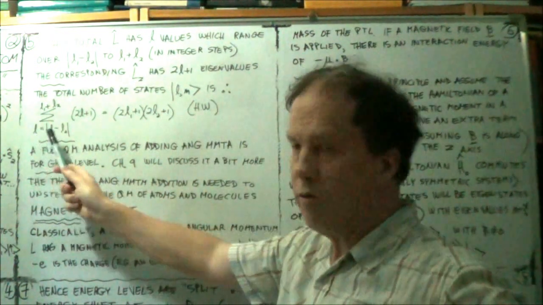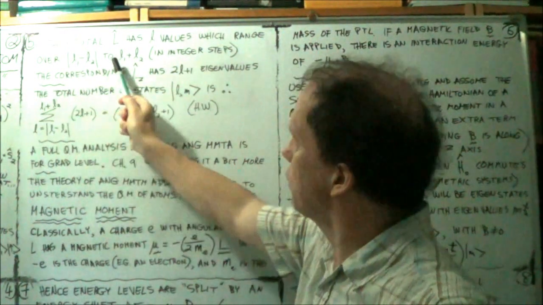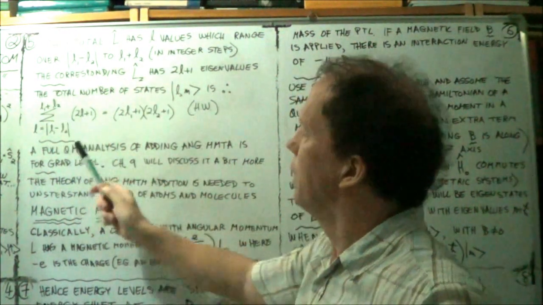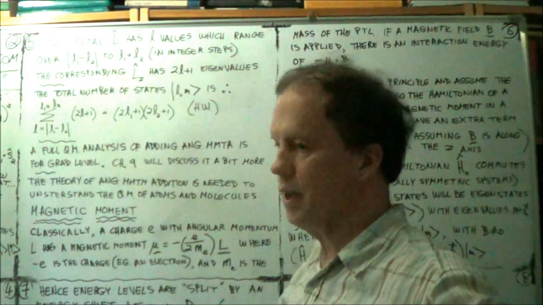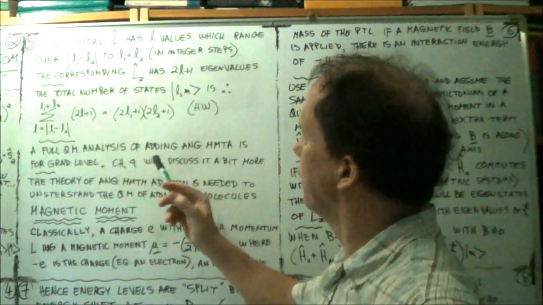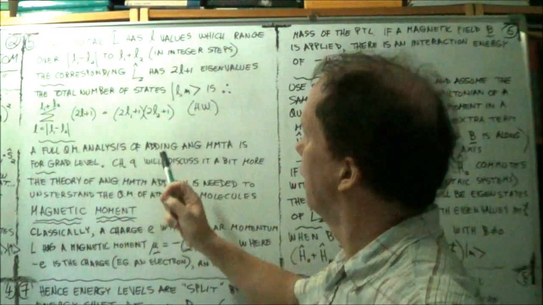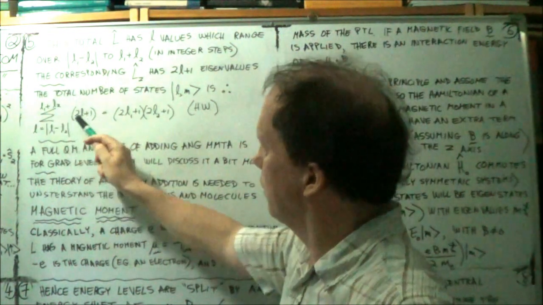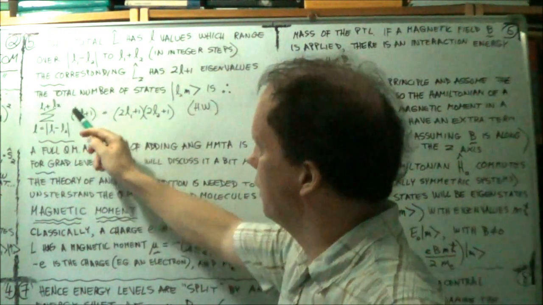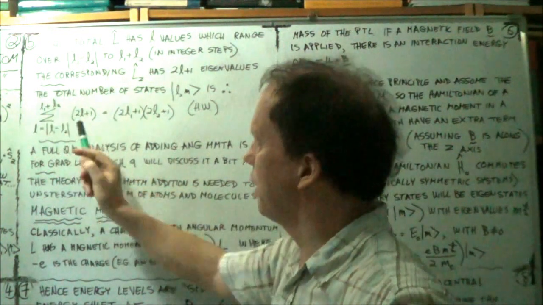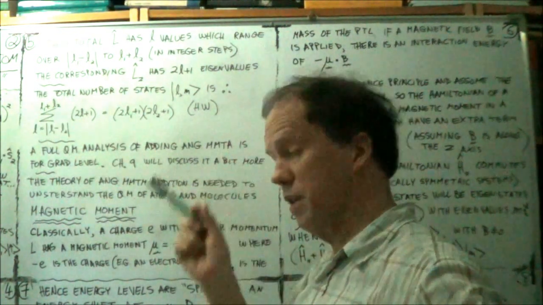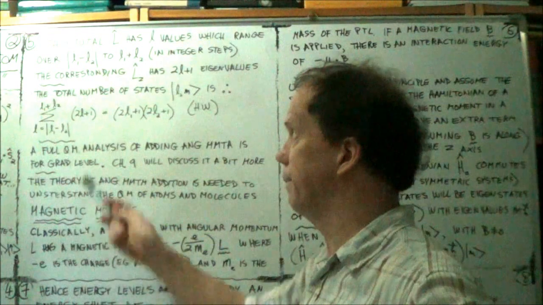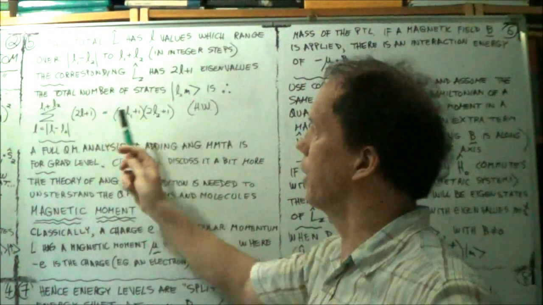But your l ranges over, well, this range from this to this. Okay? So the total number of possible states will be the sum of these, where each l ranges from that to that. Now then it just becomes number theory. So I've asked you to do that for homework.